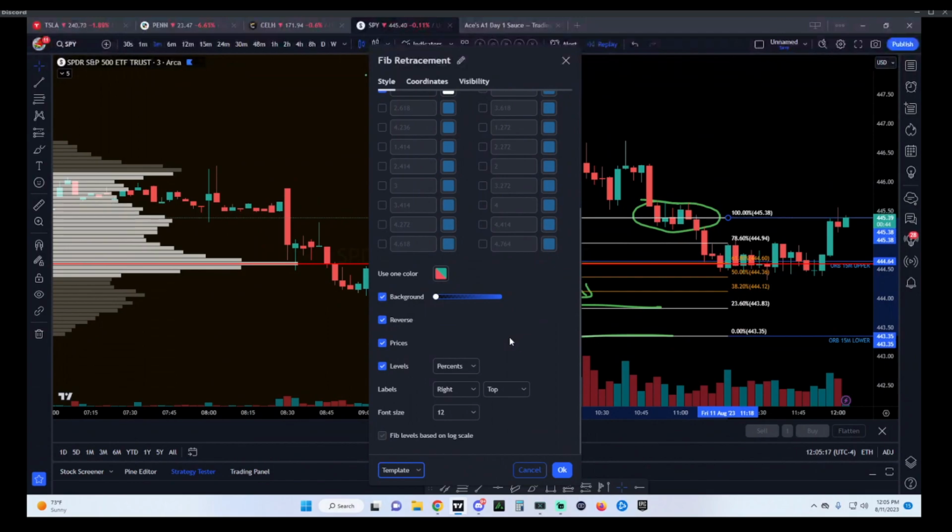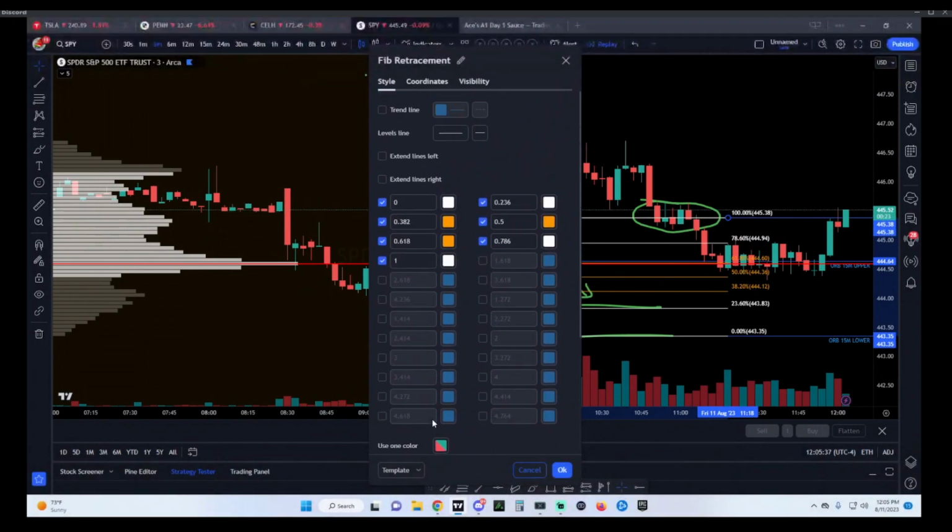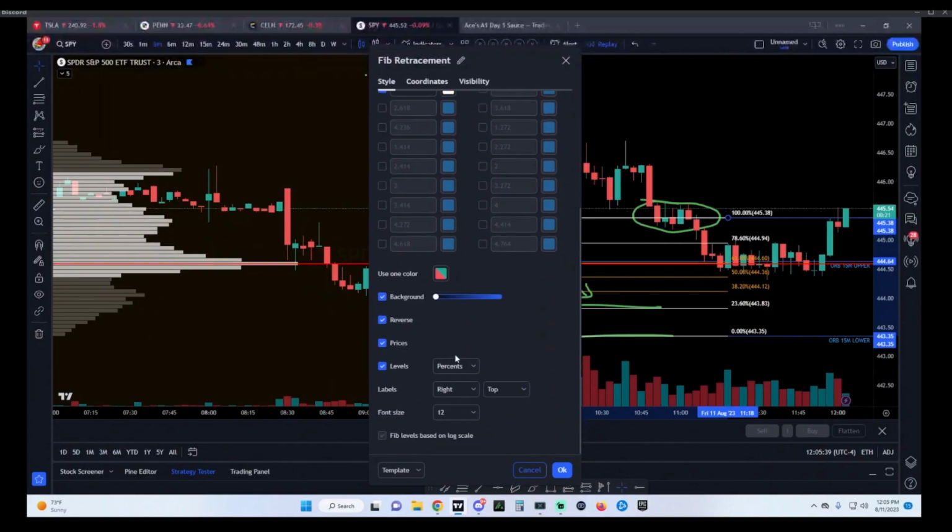And Shaman, how do you get your fib level based on log scale to be checked? I can't check mine. What do you mean you can't check yours? Like that box, it won't let me check it. That fib level based on log scale? Yeah, it won't let me do it. Hold on, let me see. Are you paying for TradingView? Yeah.